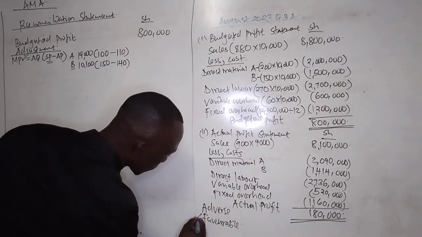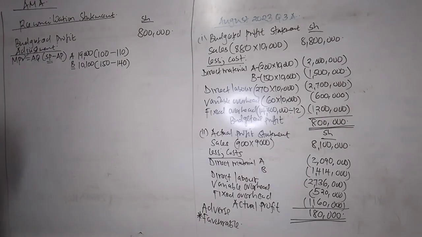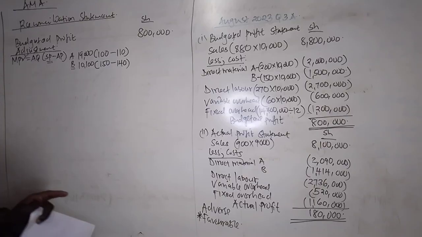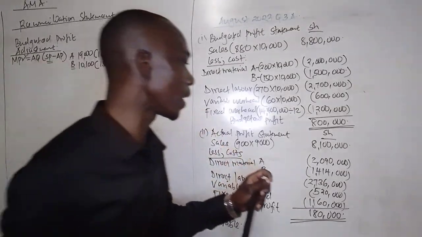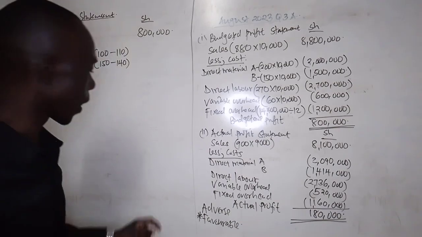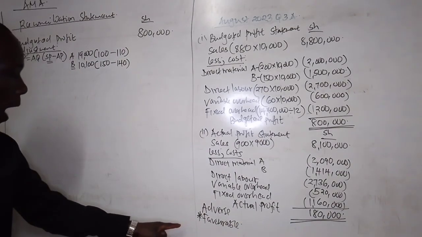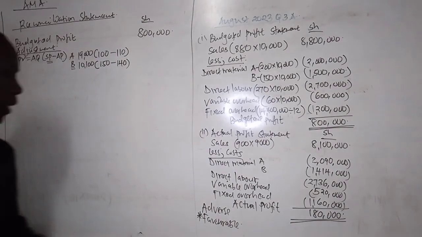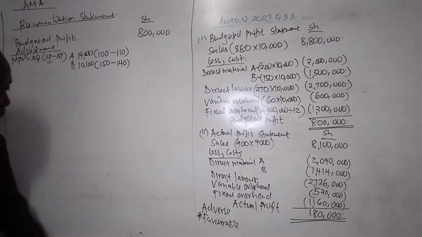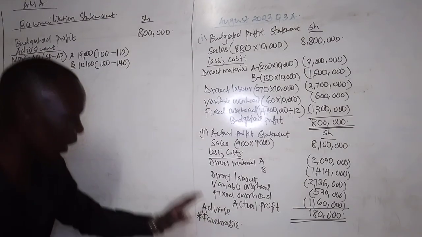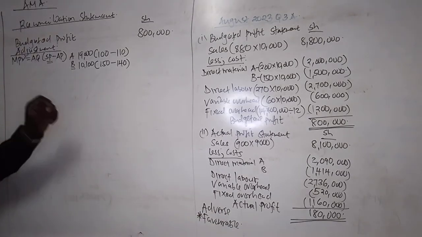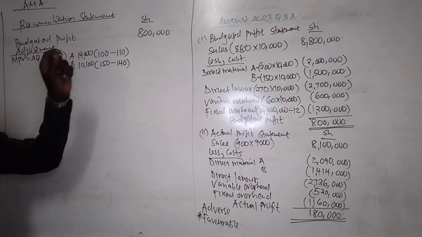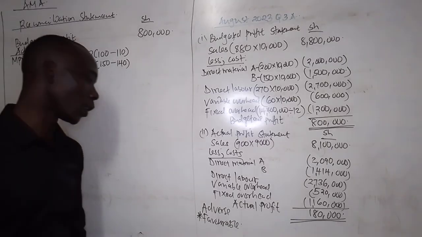You can say that it is favoring the company. If we are talking about the cost, it is favorable when the company is paying a cost less than what they had budgeted for. It is adverse when the company is paying more than what they had budgeted for.